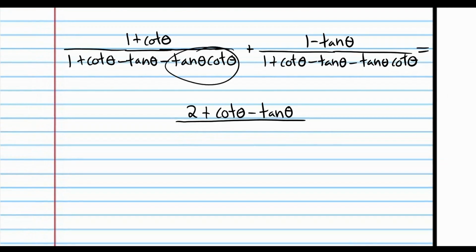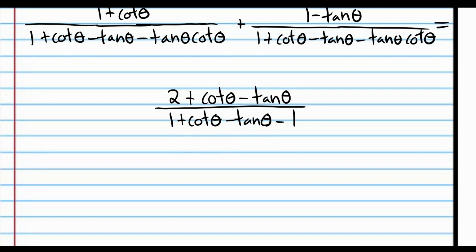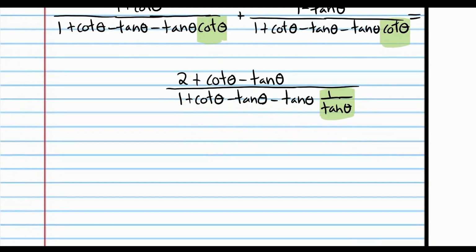And what do these equal? You see these here, the yellow? We found that when you multiply those, you get 1. So we have 1 plus cotangent theta minus tangent theta minus tangent theta times 1 over tangent theta, because that's a reciprocal identity. We changed it to 1 over tangent theta.